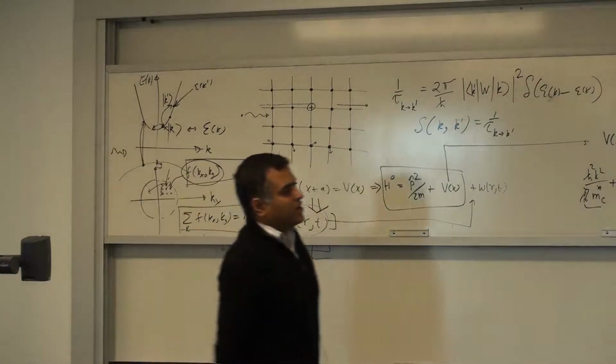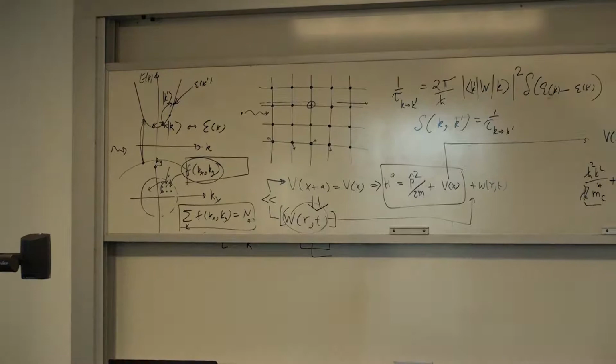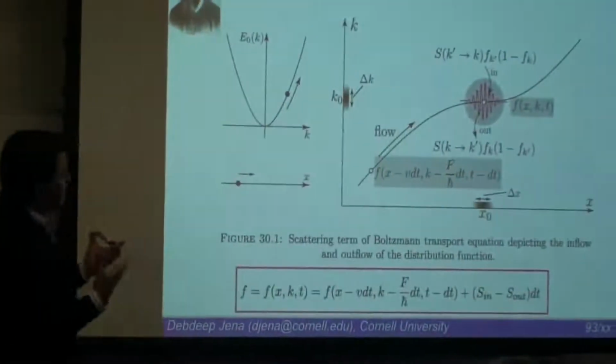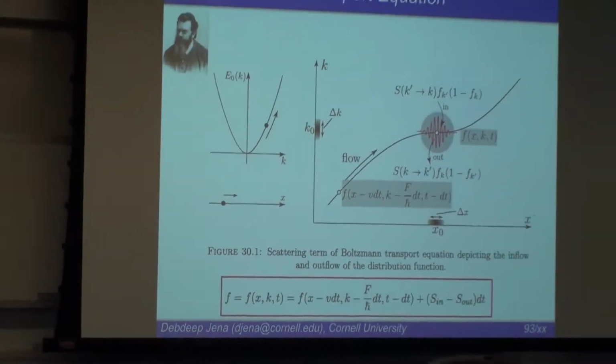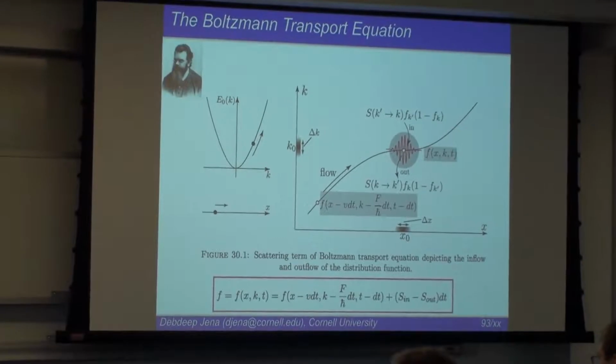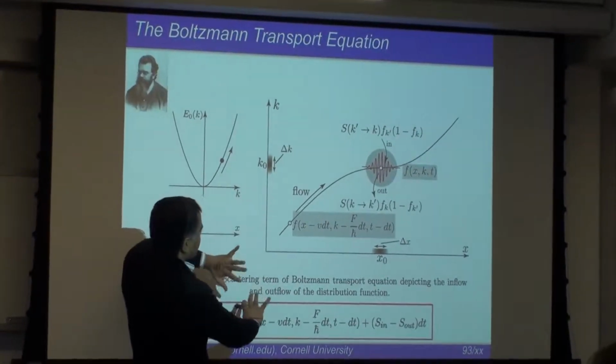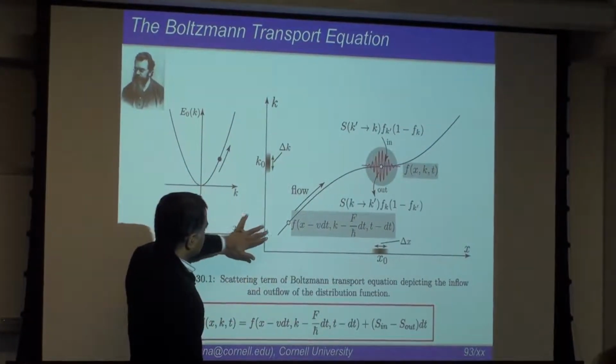So generation and recombination will lead to also aspects of current. For example, in a PN junction or solar cells, that part of the current is very important. Generation recombination currents.